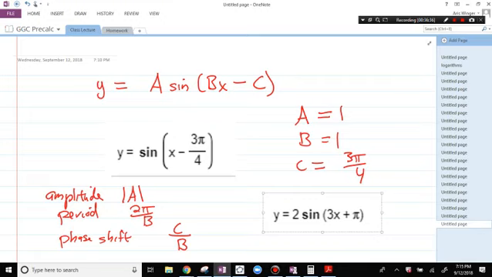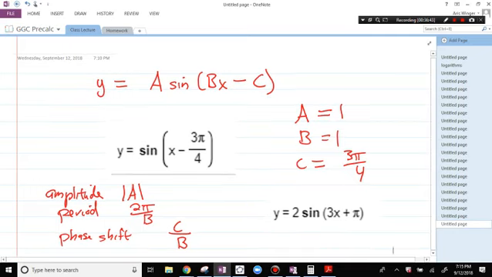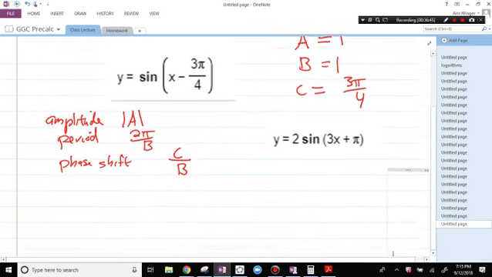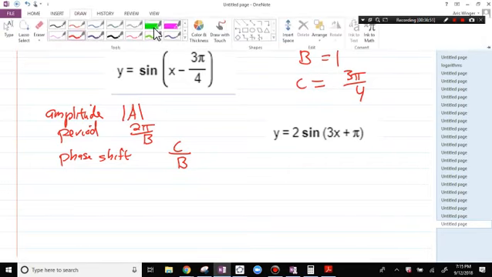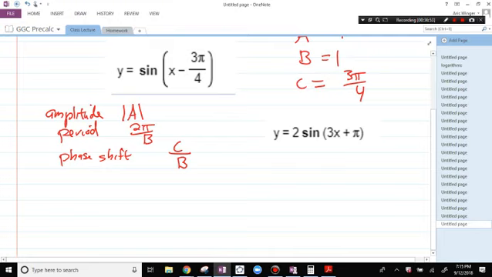So now we're talking about, for this example, we'll put it in purple, A equals 2, B equals 3, C is negative pi.